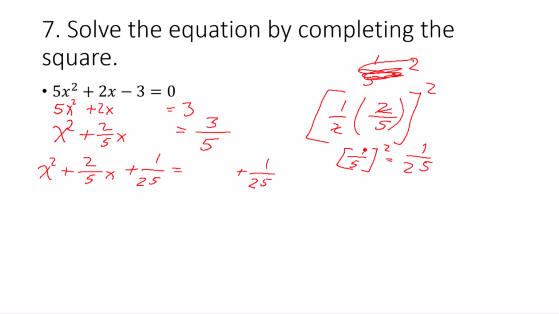I need the 3/5 to be 25. So I'll multiply by 5 to get the denominator right. 5 times the numerator, keep the value, and 15/25 is what I need here. 15/25 is another way of writing 3/5.